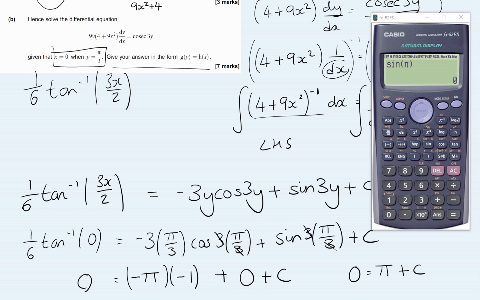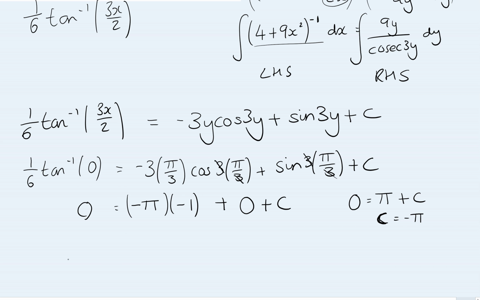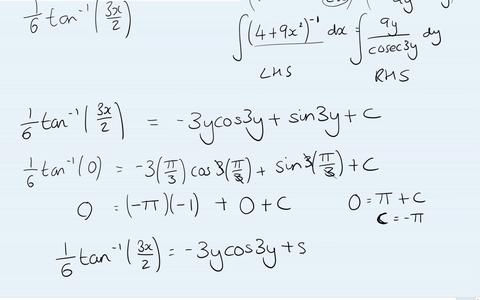So then what we can see here is that c is going to be equal to minus pi. So then putting all this together, we end up with our final solution of minus a sixth tan to the minus 1 of 3x over 2 equals minus 3y cos 3y plus sine 3y minus pi.